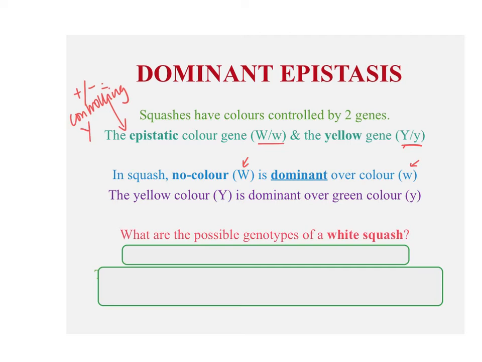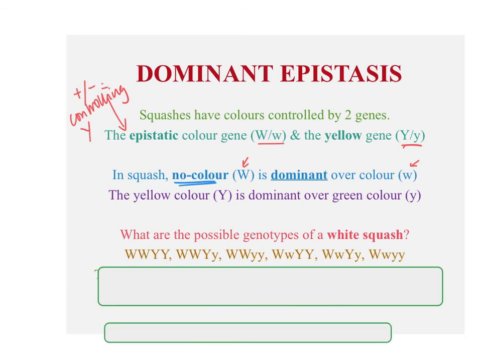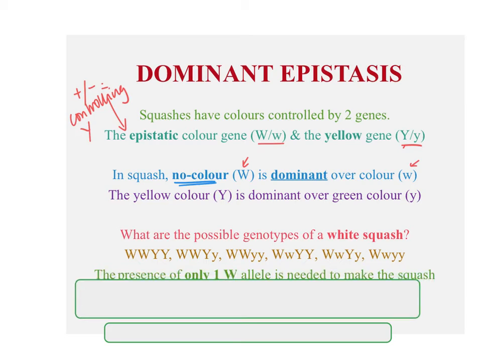Okay, so for white squash, we know that we're going to need at least one big W, because remember that big W is for no colour and it's controlling the yellow or the green. So you could have had all of these. I'm not going to read them all out, but notice that we've got 3 homozygous dominant for the no colour and also 3 heterozygous for the no colour.